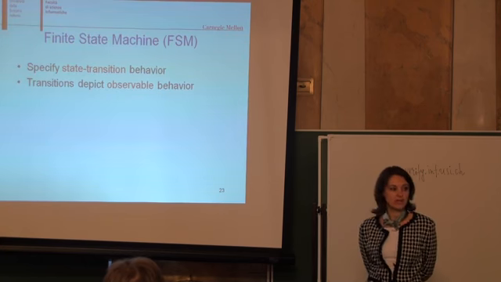So, for example, this is a lock-unlock sort of mechanism. And I have 3 nodes, I have 3 states, and some of them are green and one of them is red. And the red is labeled as the bad state, an error state. So the transitions show just a sequence of actions, like lock and unlock. And clearly it can be said that it's a good behavior when locks and unlocks are alternated.